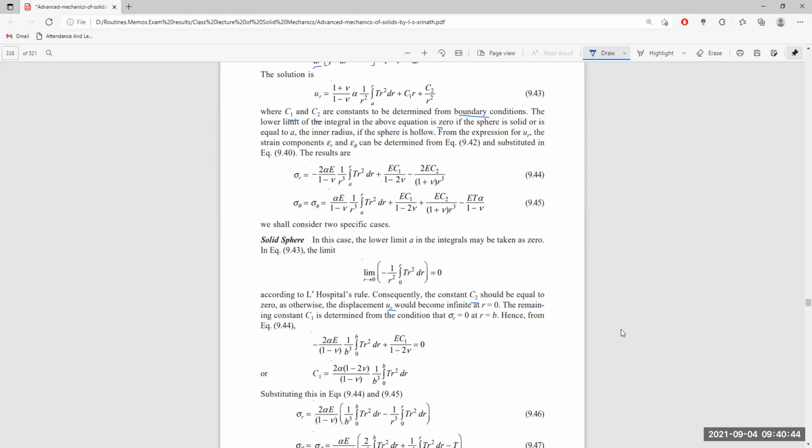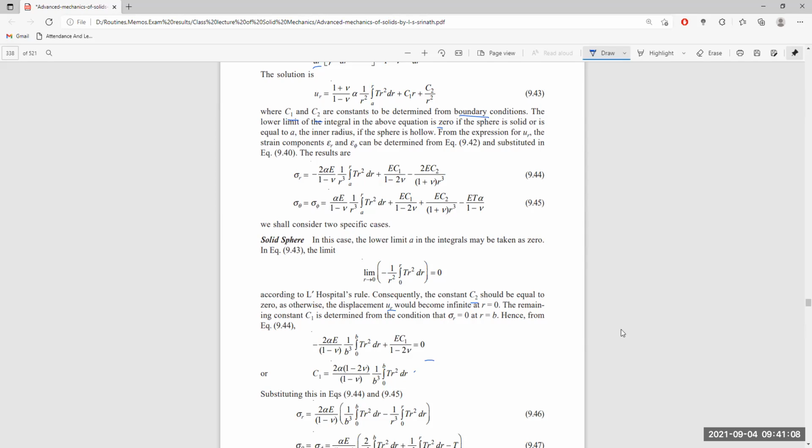The same process is followed here, and C2 is going to be 0. The constant C1 is defined by the condition sigma R equal to 0 at R equal to B. So from the equation, 2 alpha divided by (1 minus nu) into B cube times the integral from 0 to B of T R square dr, plus C1 equals 0.